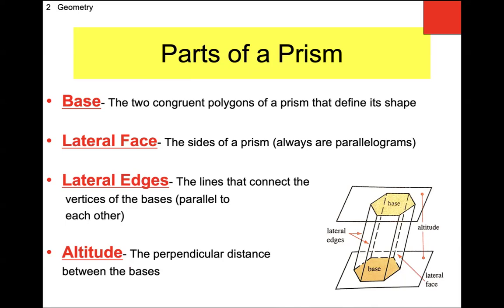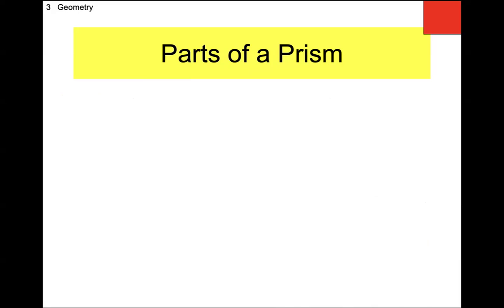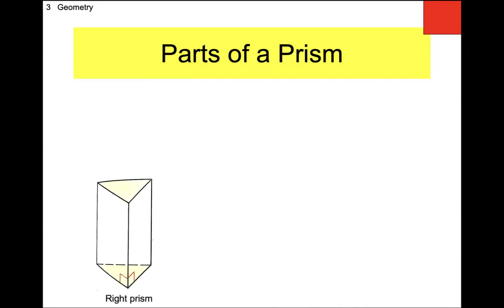And remember, it's always measured perpendicularly, and that's the distance between the two bases. Okay. There's some more parts, but we're going to say that all prisms come in two main flavors. The first flavor is there in front of you, and that's where the lateral edge and the base form a right angle, and therefore we call this a right prism.